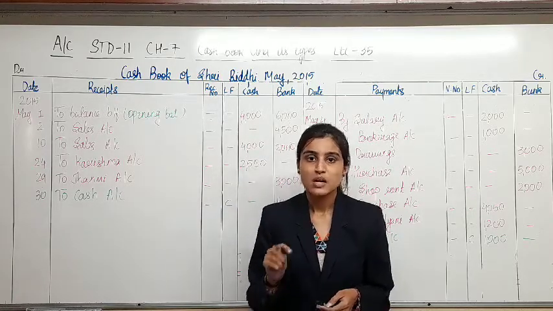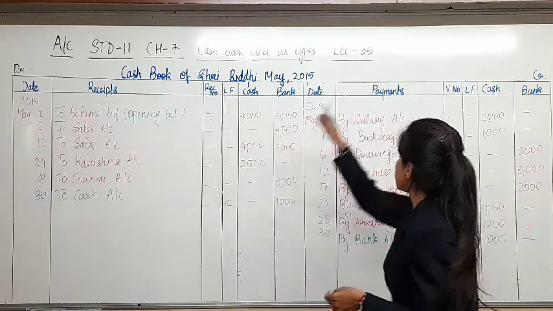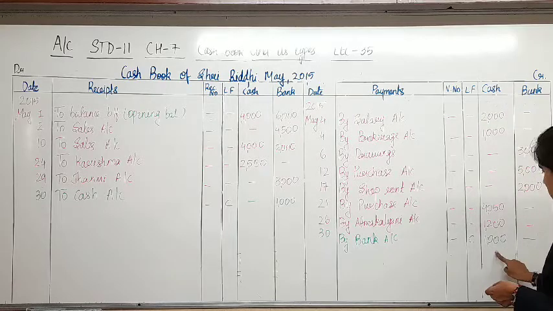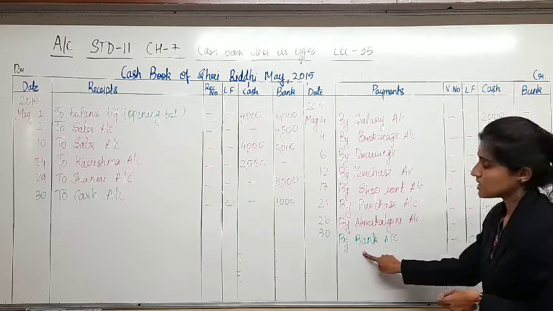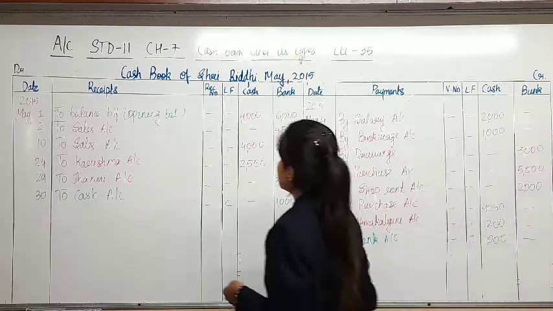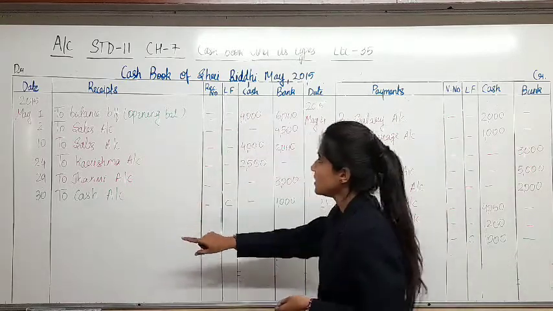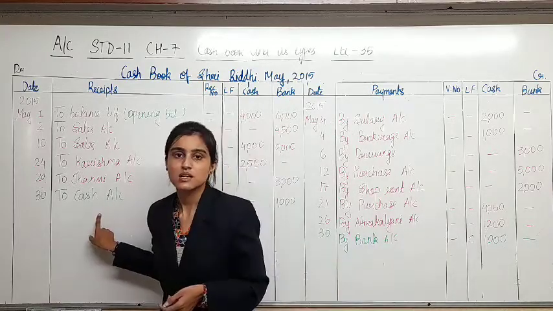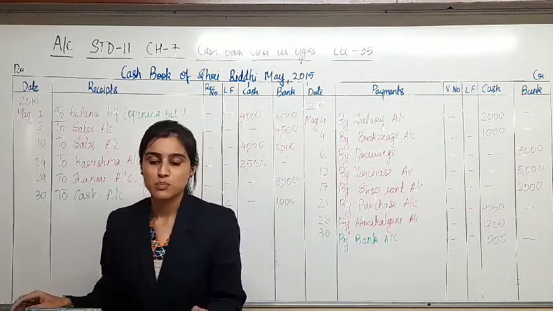Yes, cash goes out. So on payment side, it is written in the column of cash, 1000 goes back, is deposited in the bank. Yes, on receipt side, bank amount is received in bank, 1000 cash. Yes, this is the logic that we are supposed to follow.